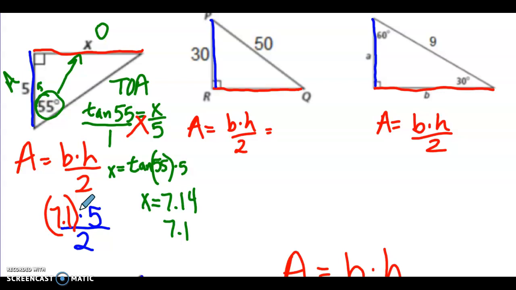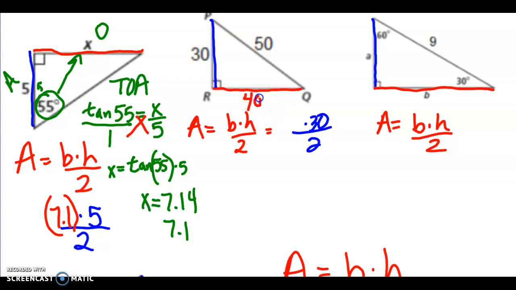Next one here, the base is in red, the height is in blue. So I know the height is 30, divided by 2. All I need again is the base. Okay, 30 and 50. Now when I look at my triple list, 30 and 50 is not on it, but 3, 4, and 5 are. So if I put a 4 down here, well, that wasn't just 3 and 5, it is 30 and 50.